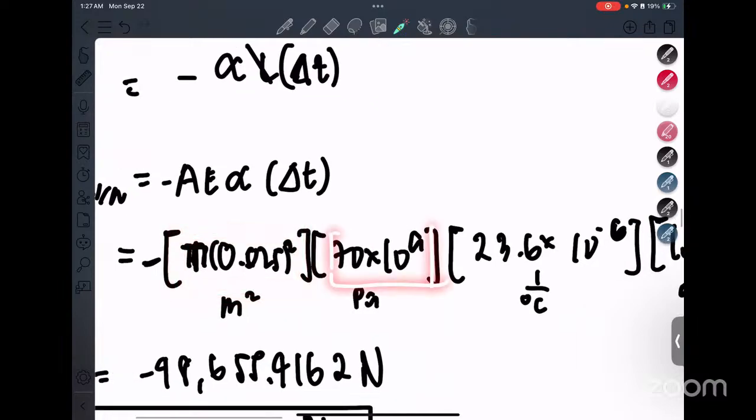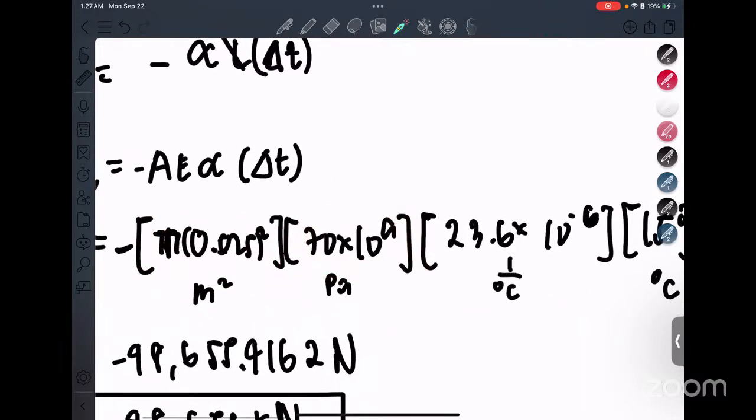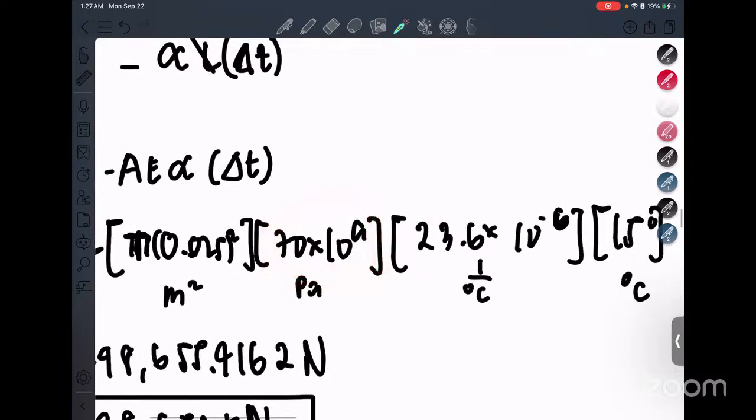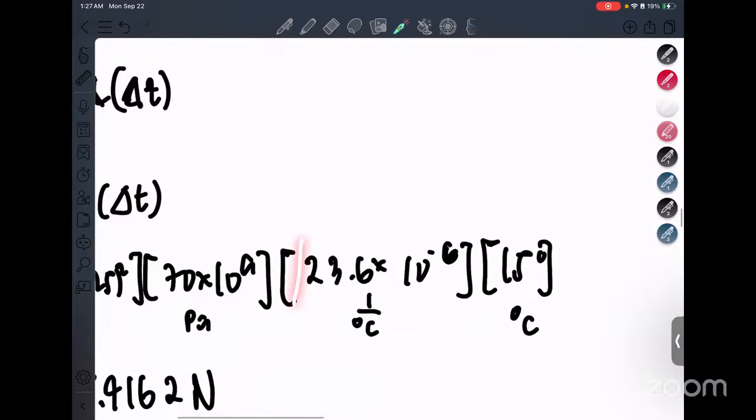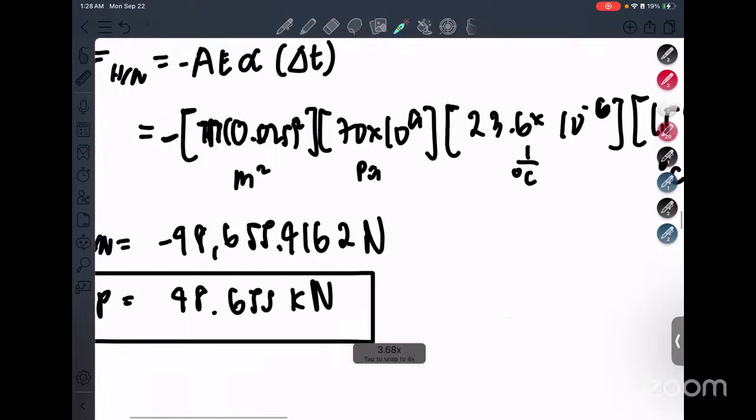This is the modulus of elasticity. And then this is the alpha relating the deformation and temperature, and then this is the temperature change. Again, don't input the temperature, input the change in temperature. 40 minus 25, 15.